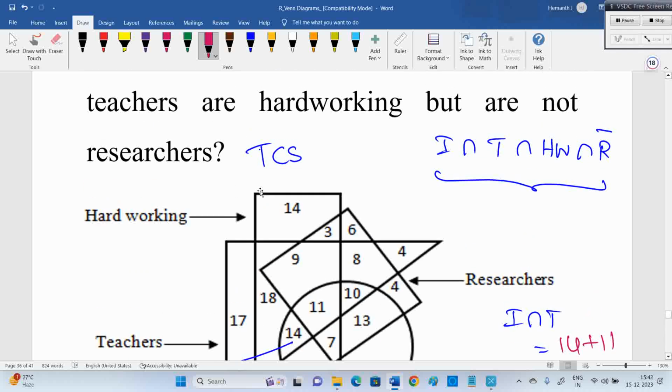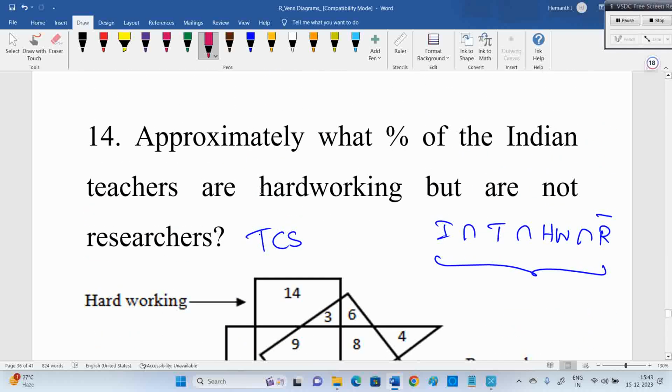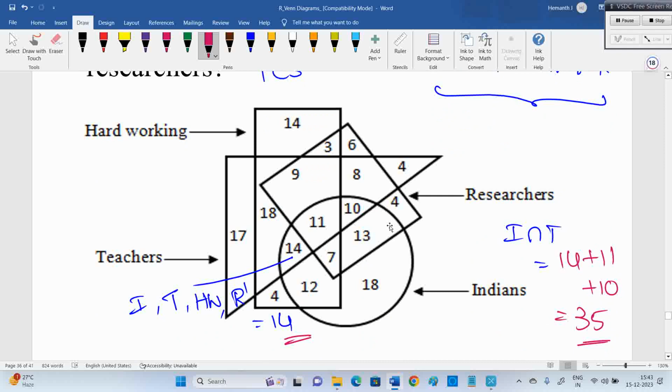Read the question: approximately what percentage of the Indian teachers? So first we need to calculate how many Indian teachers there are, meaning the intersection of Indian and teachers. The circle and triangle intersection is 14 plus 11 plus 10. Among them, those who are hardworking but not researchers are 14; 11 is in researchers, 10 is in researchers.